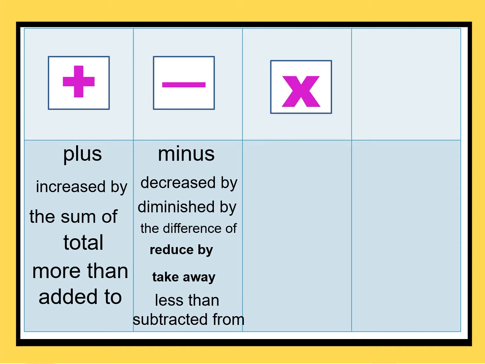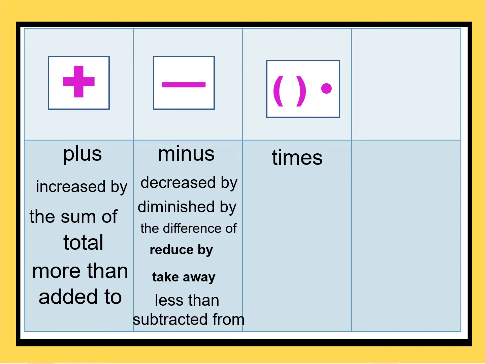Next is the multiplication. This multiplication sign is seldom used in algebra since it could be mistaken for the variable x. Instead of using this symbol, we use the parentheses or the raised dot. So these are the keywords for multiplication.